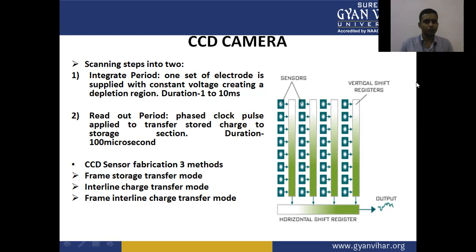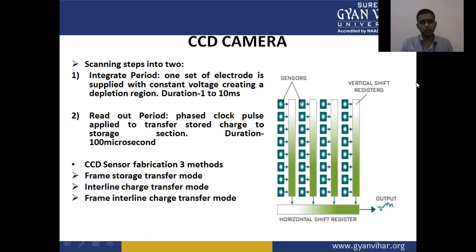Then, in the transfer period, a phase clock pulse is applied to transfer the stored charge to the storage section. Duration is 100 microseconds. CCD sensor fabrication methods are the frame storage transfer mode, interline charge transfer mode, and frame interline charge transfer mode.